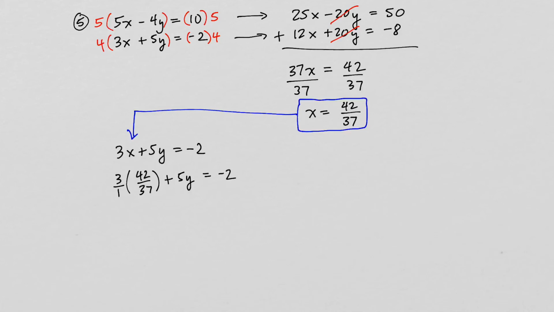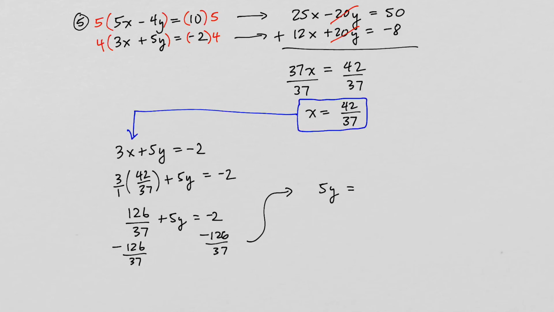So 3 times 42 is 126 over 37 plus 5y equals -2. And then I'm going to subtract 126 over 37 from both sides. This gives us 5y is equal to negative 2 minus 126 over 37.